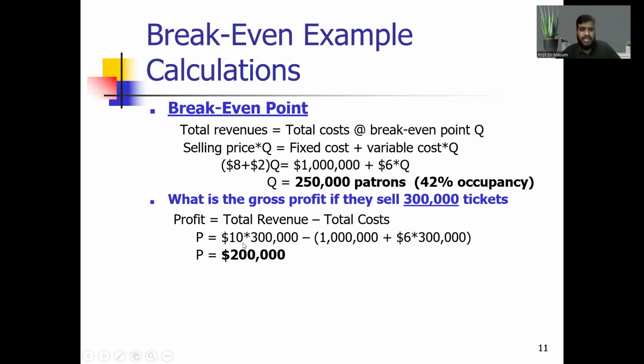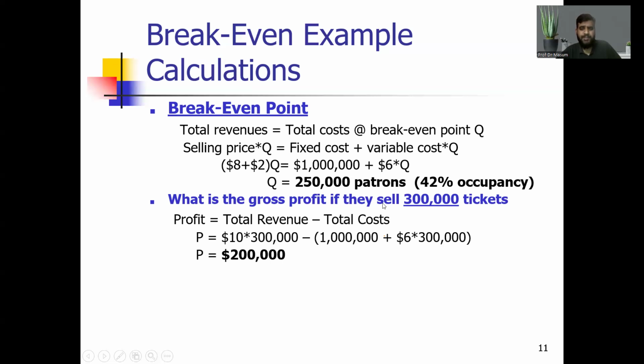Revenue is $10 times 300,000 tickets, minus total cost. Fixed cost is 1 million and variable cost is 300,000 times 6 per unit. So the company's profit will be 200,000.